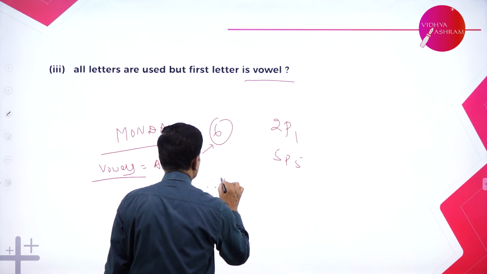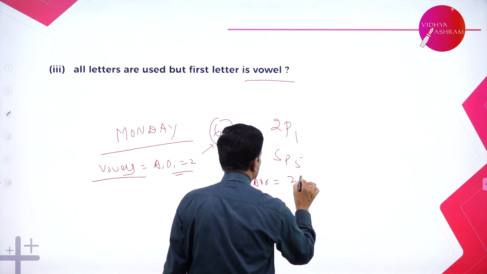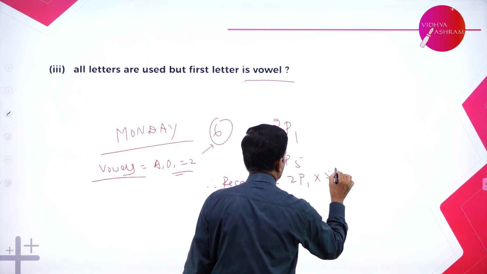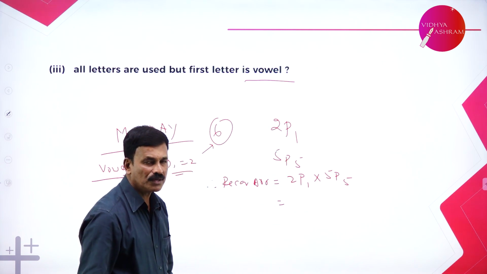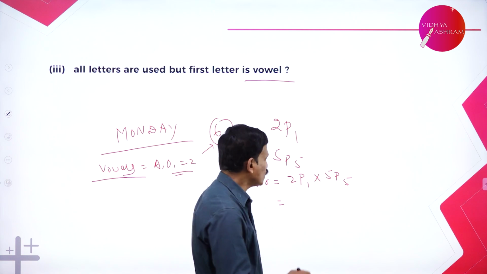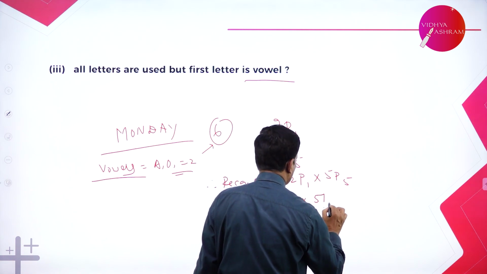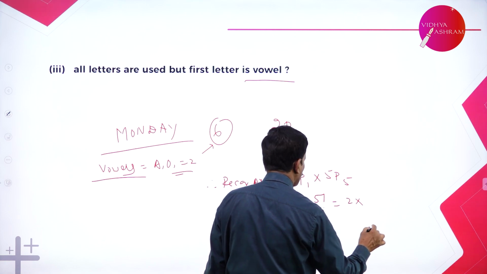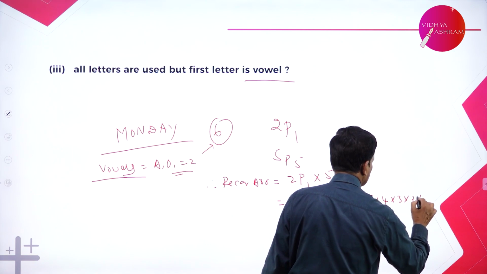So the required arrangement is equal to 2p1 into 5p5. What is this equal to? 2p1 is equal to 2, and 5p5 is nothing but 5 factorial. So 2 into 5 factorial, 5 into 4 into 3 into 2 into 1.